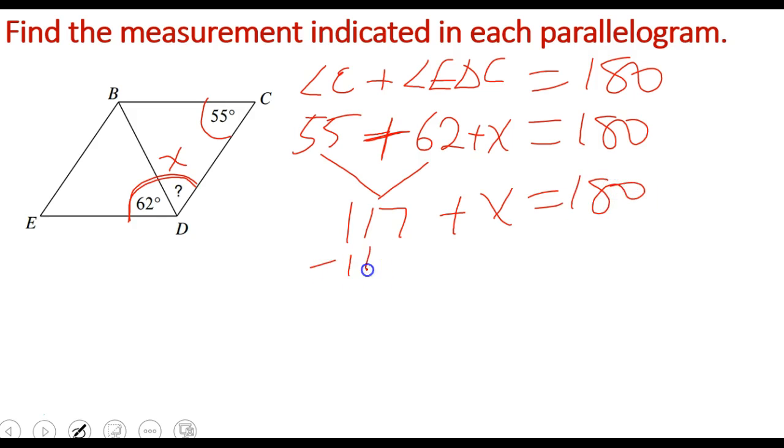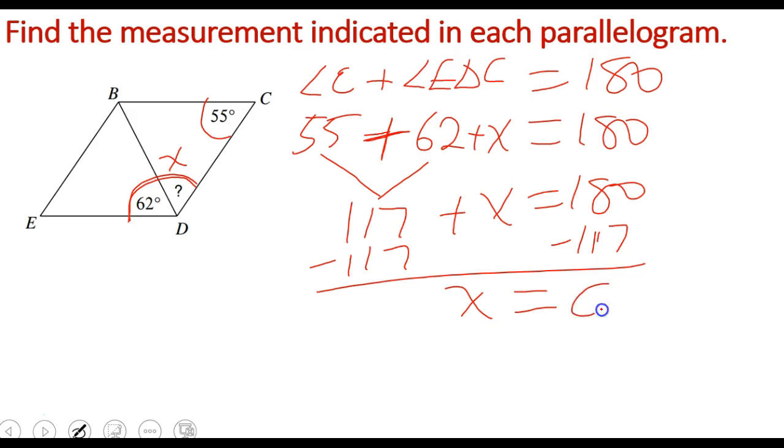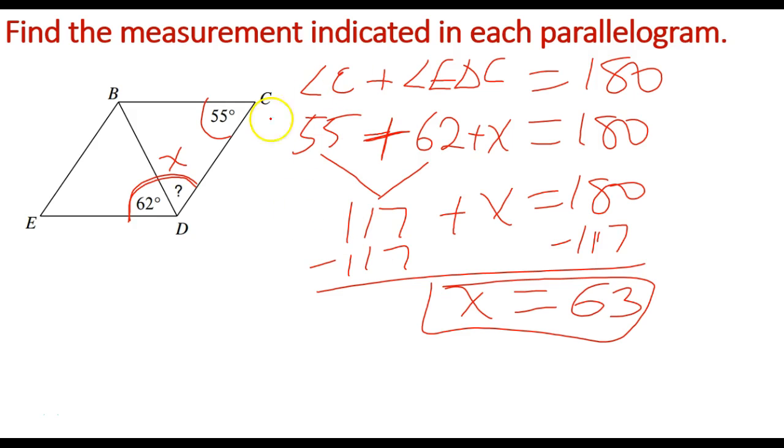So subtract 117 from both sides, and X is going to equal 63. Since X represents the angle that we are looking for, we are done. That's the measure of that angle. But if we are given the whole angle, then we have to subtract to find X.